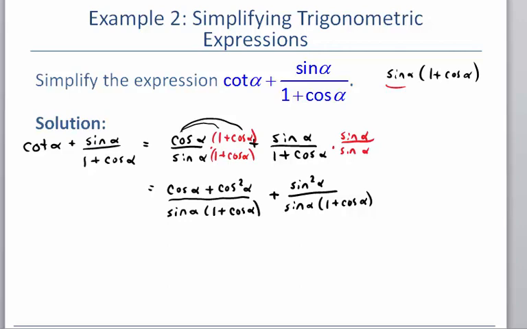So once we have these two separate fractions that have the same denominator, we can push the fractions together and write them over one of the denominators. So I'm going to do that next. So I'm going to do cosine alpha plus cosine squared alpha plus sine squared alpha. And I'm going to put it over my new denominator.